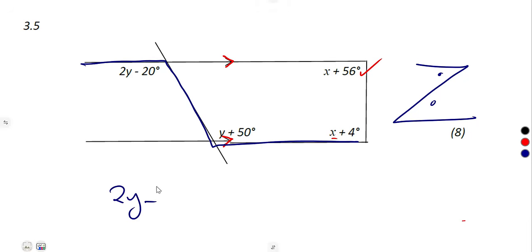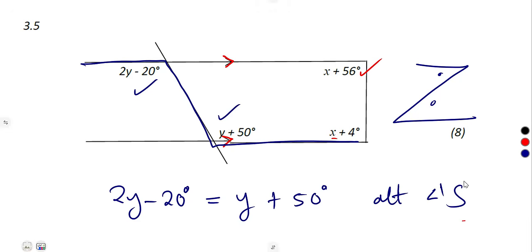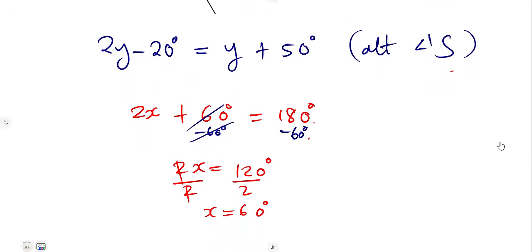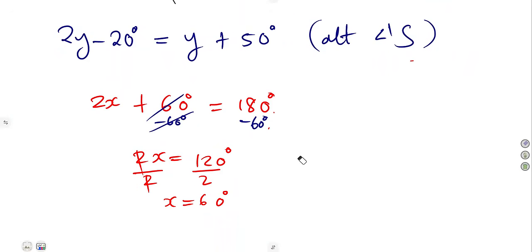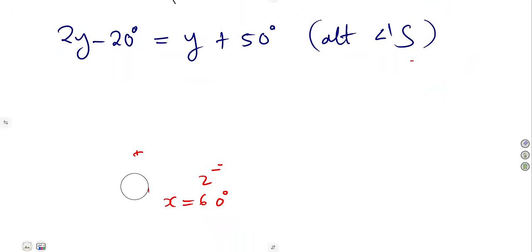So 2y minus 20 degrees must be exactly the same as what? y plus 50 degrees. Those are alternate angles where we form what? A z. Okay, so with our alternate angles, let us solve for y there.